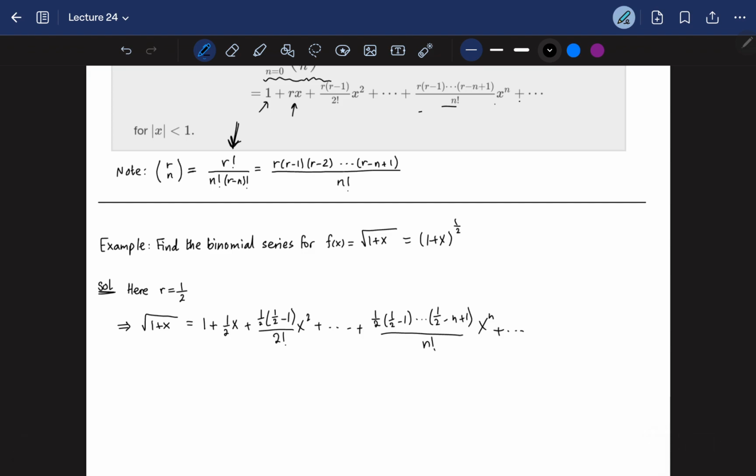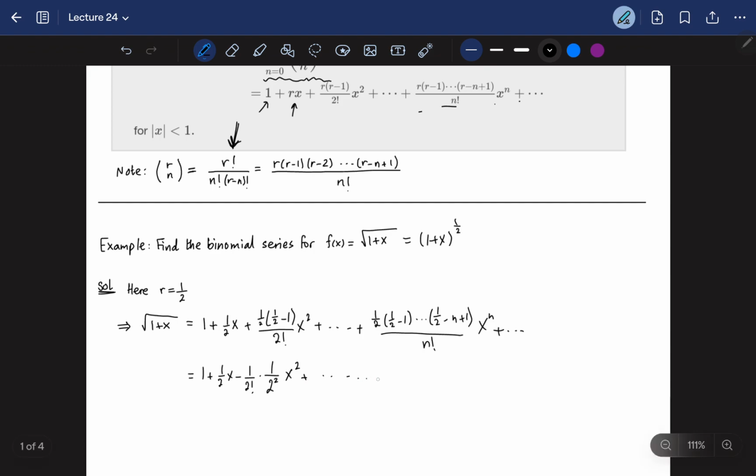Now let's simplify. This is going to be equal to 1 plus 1/2 x. Now 1/2 minus 1, that's negative, so that's negative over 2 factorial multiplied by what? By 2 to the 2 squared, because 1/2 times 1/2.